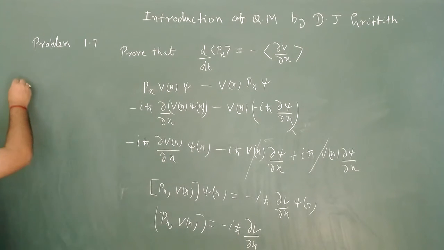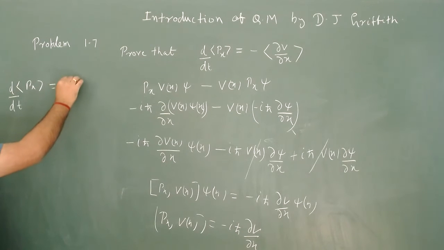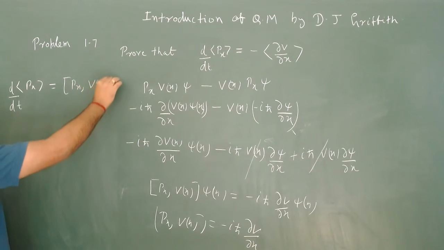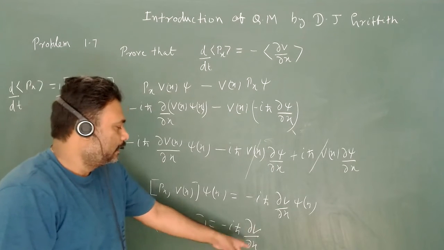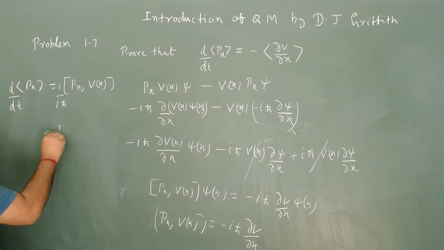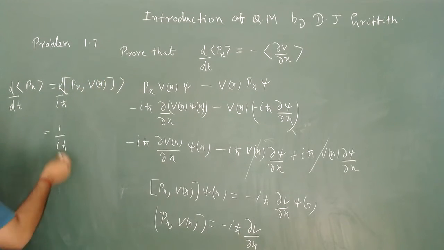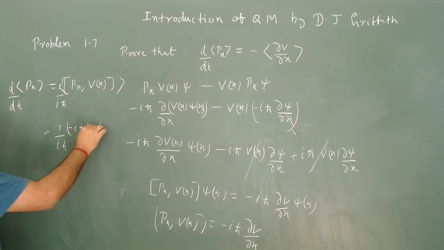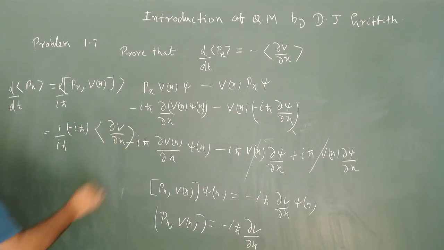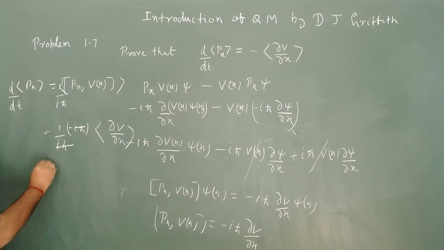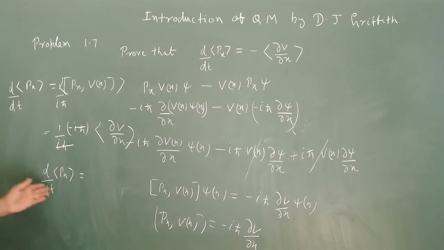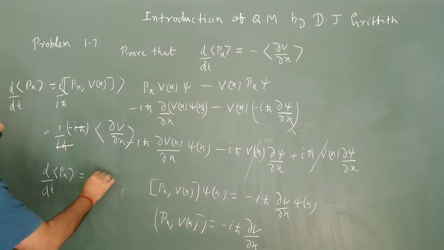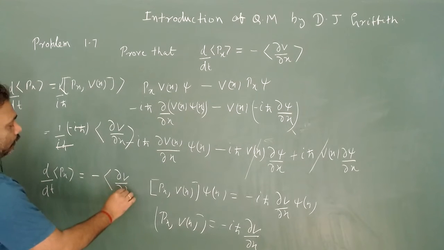The time derivative of the expectation value of Px is equal to the expectation of [Px, Vx] times 1 upon iħ. This commutator is equivalent to minus iħ ∂V/∂x, so this is 1 upon iħ times the average value of minus iħ ∂V/∂x. The iħ cancels out, and finally d/dt of the expectation value of Px is nothing but the expectation value of minus ∂V/∂x.